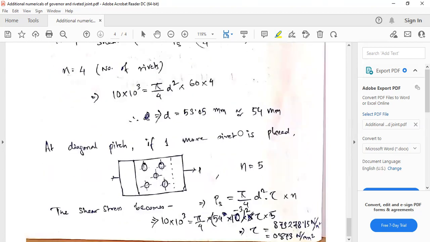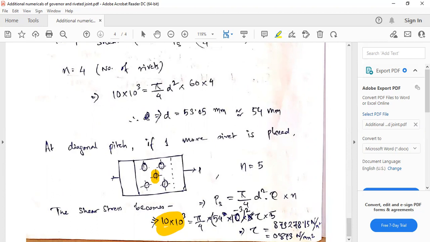Now if one more rivet is placed, that makes the total number of rivets 5. We will take the same diameter for each of the rivets. So what should be the shear stress? Using the same equation, put the force; the diameter is now 54 mm, which we convert to meter, 54 into 10 to the power minus 3 meter. This is squared, multiplied by tau, which is unknown, multiplied by 5, because now the number of rivets is 5.